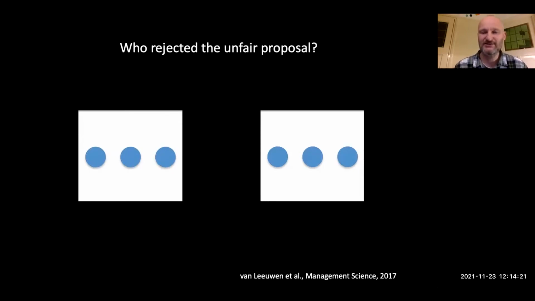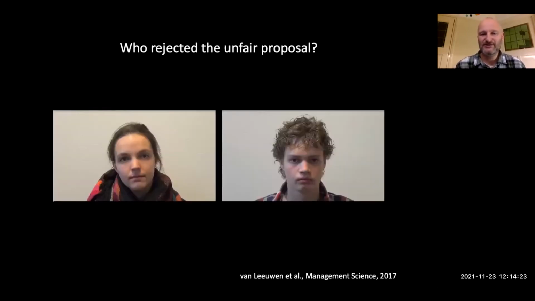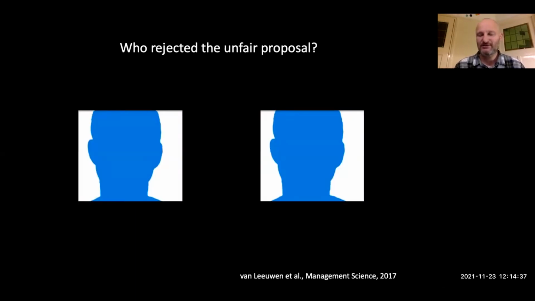And these two first have a neutral face for a bunch of time, and this is their angry faces. And then again, we ask people in the second lab to pick who out of these two rejected the same unfair proposal. And most people get it right here as well.